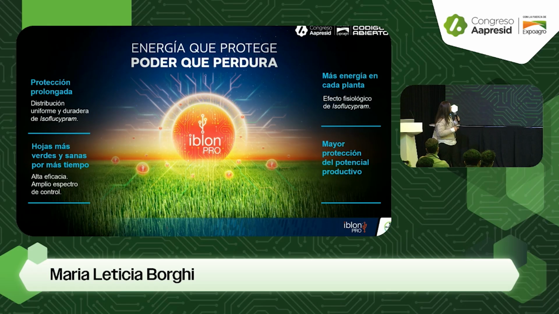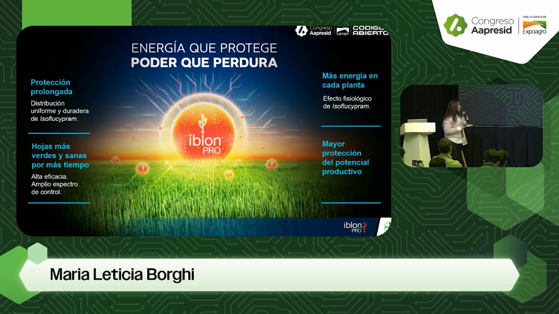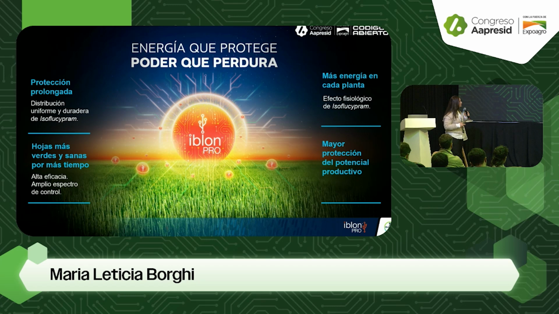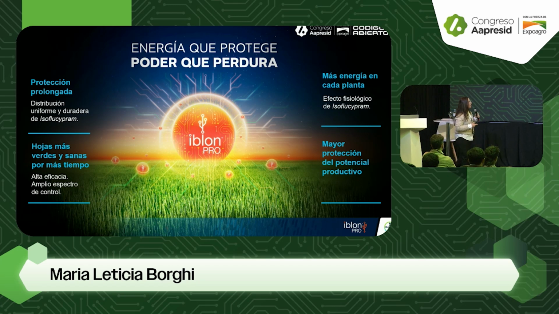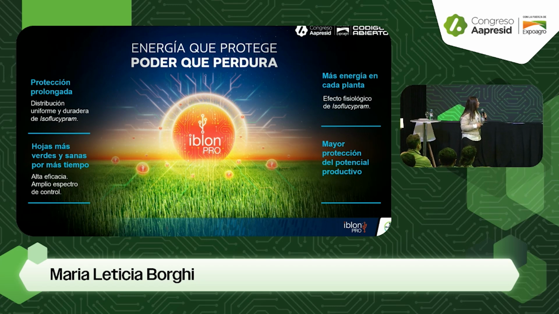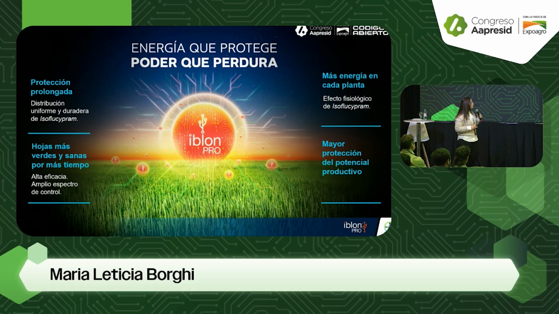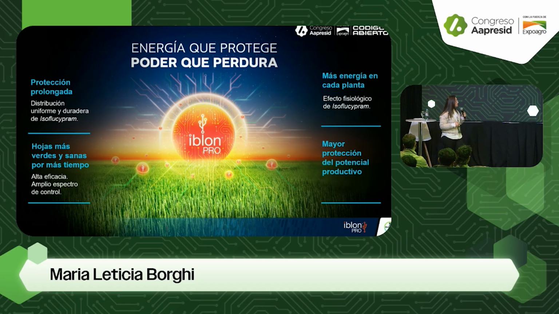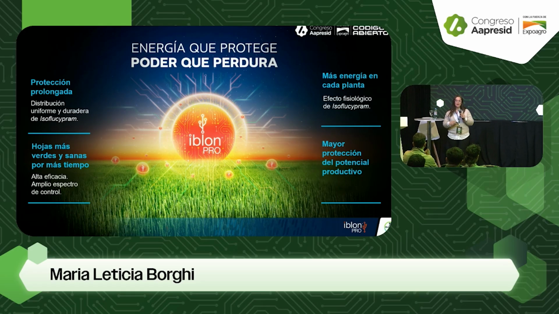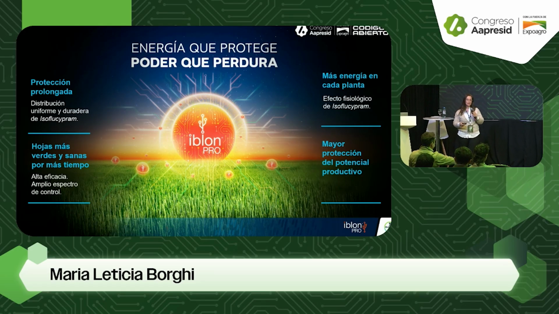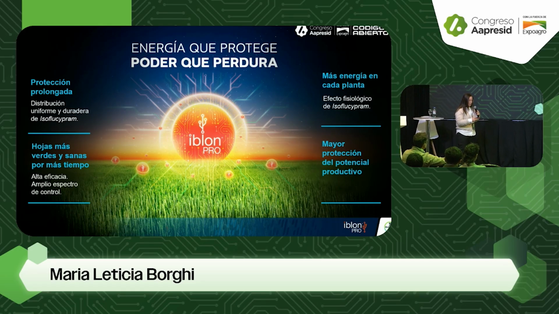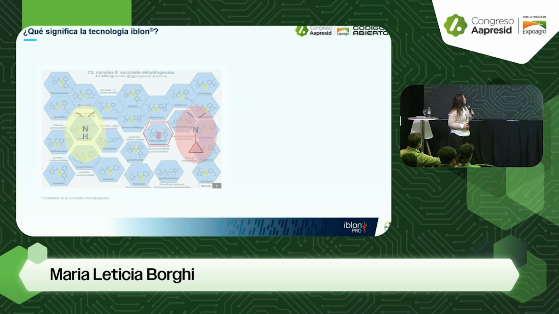This is what characterizes this product. Greener and healthier leaves for longer. This I will also explain. More energy in each plant. That's our 3rd pillar. And the last and most important pillar, everything that has to do with enhanced protection for the production potential.